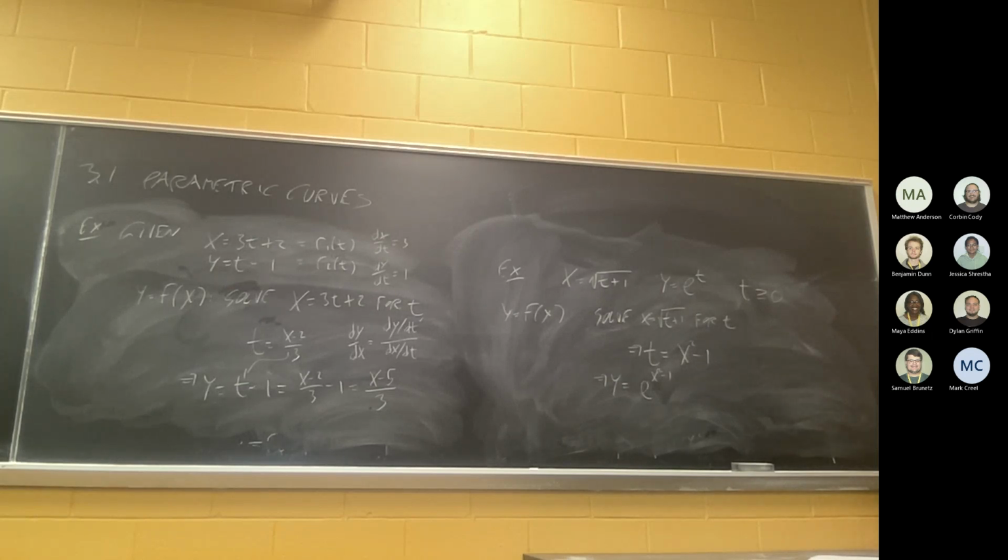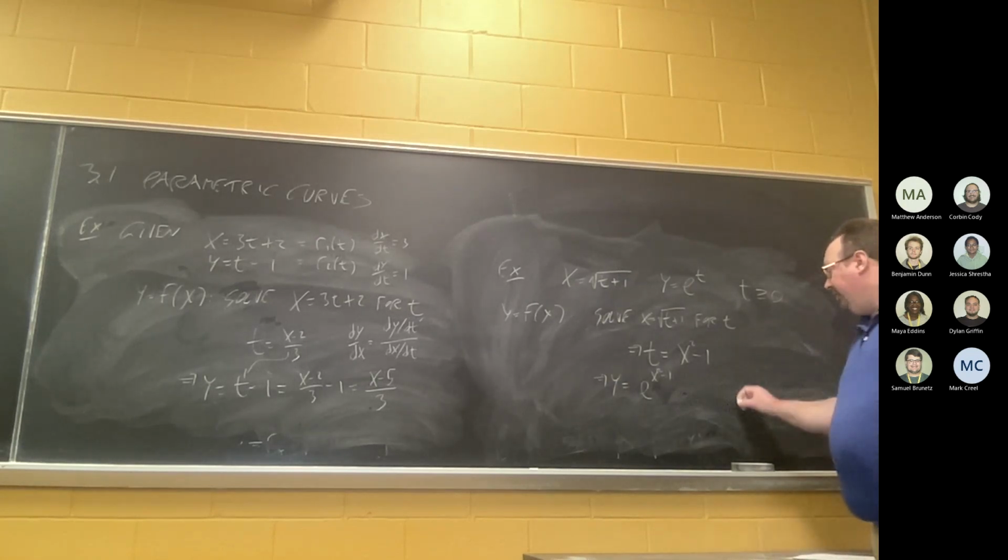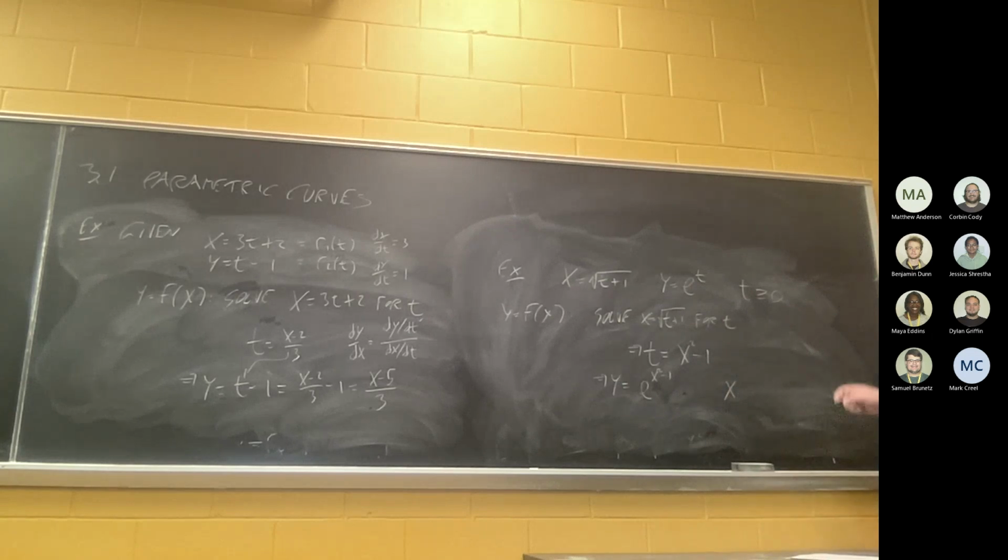Okay. But considering that t is greater than or equal to 0, I'd like to have a domain for this function too. So based on this domain for t, what x values are considered here? Use the parametric equations to figure it out.